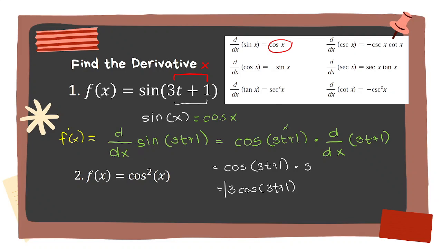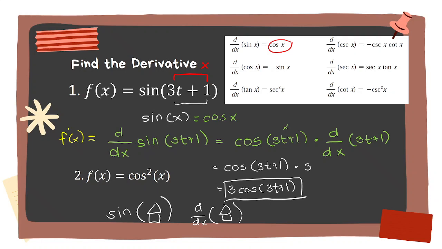So, you don't have to forget the chain rule. Ibig sabihin, kung magde-derive ako ng sine bahay, kailangan yung nasa bahay, i-derive ko pa. Times ko pa siya sa derivative ng bahay. Let's say, ang derivative ng bahay ay pinto.